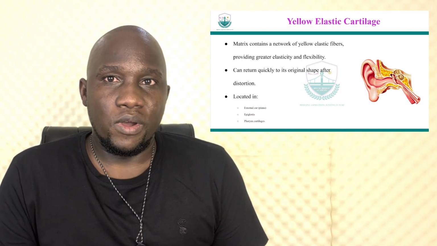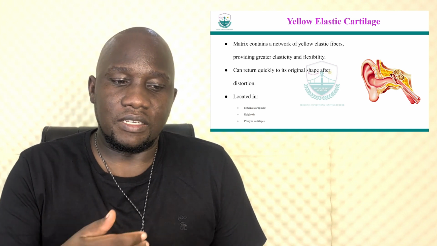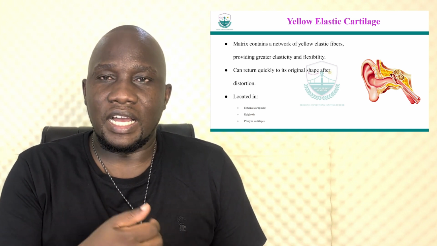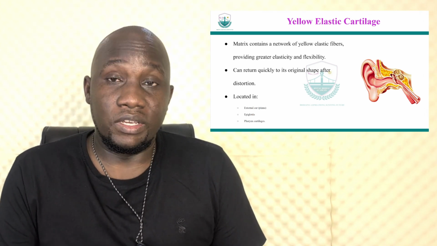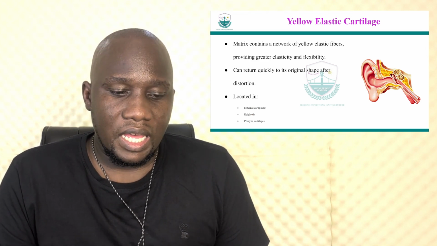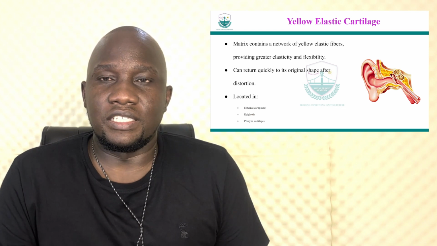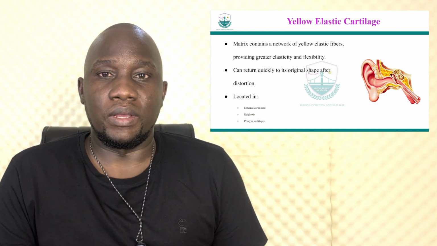When you pull your ear, it returns to its shape. So this cartilage has the ability to return quickly to its original shape after distortion. The epiglottis and the pharynx are the other parts that have this yellow elastic cartilage.